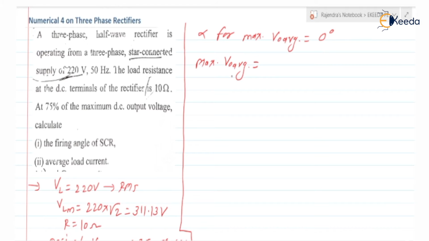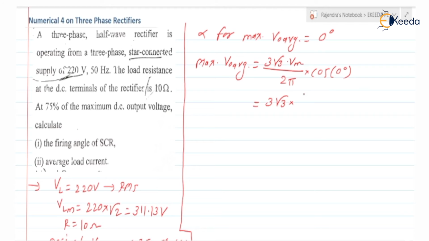Okay, so we need to use the expression of V0 average for alpha less than or equal to 30 degree. It is equal to 3 into root 3 into Vm divided by 2 pi into cos alpha, that is the cos of 0 degree. This Vm is nothing but the peak value of the phase voltage. Okay, so we are having the peak value of line voltage, it is VLM.